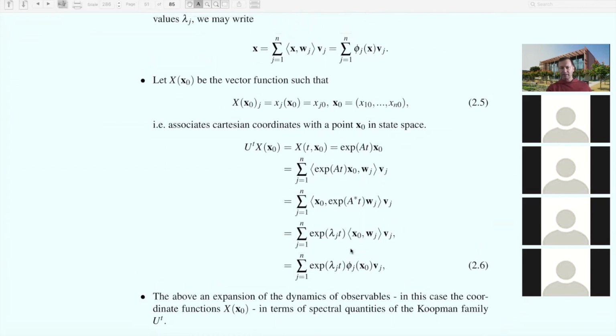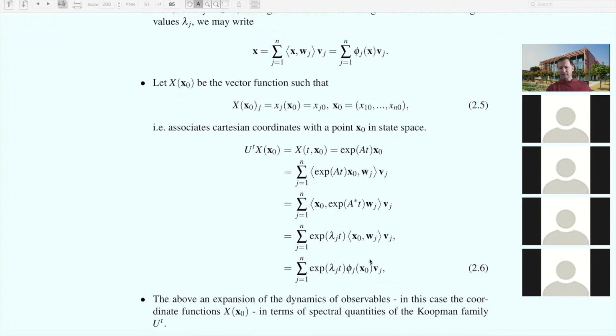So what we got here is really just the expansion of e^(At) x0, the solution of the linear ordinary differential equations in terms of the eigenvalues of the matrix A, the eigenvectors, and then this function here of initial conditions.